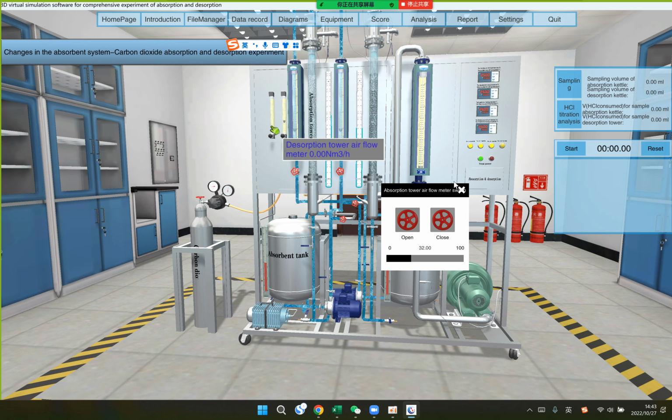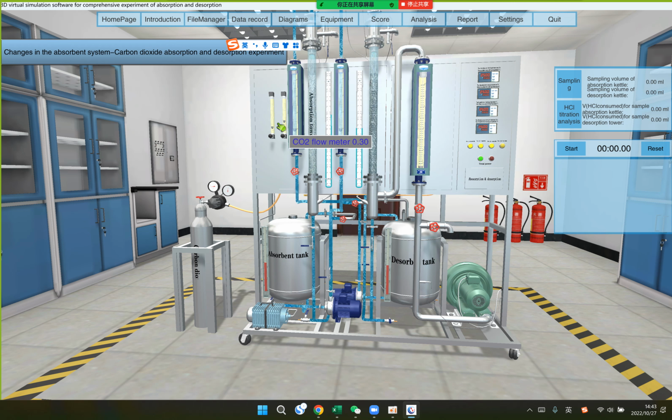So at this stage, the mixture contains 0.3 cubic meter per hour carbon dioxide and also 0.7 cubic meter per hour air. However, all of them are in standard condition.